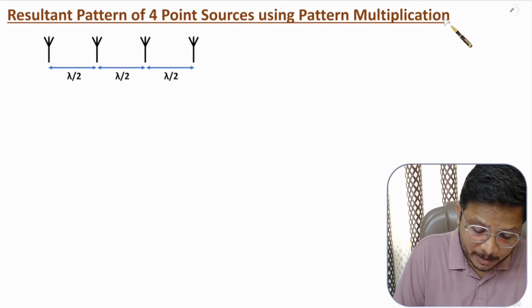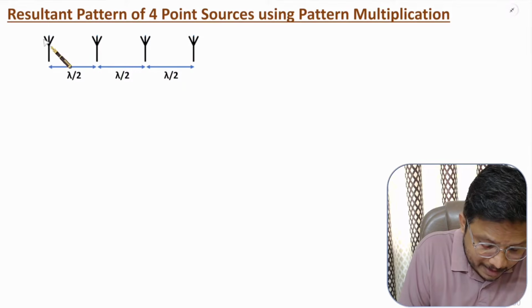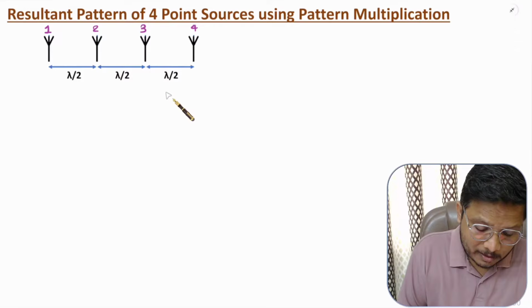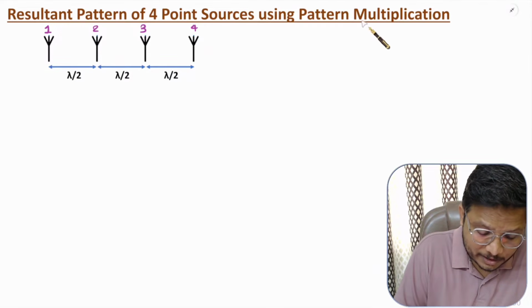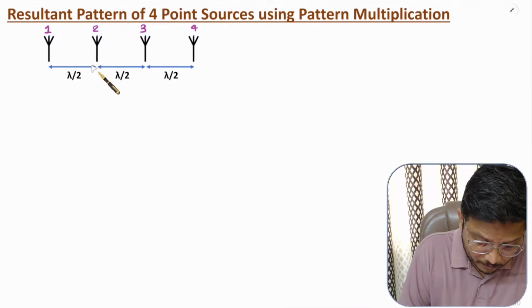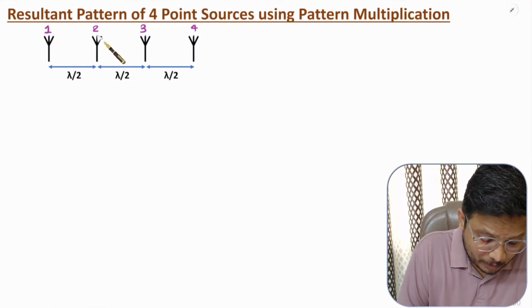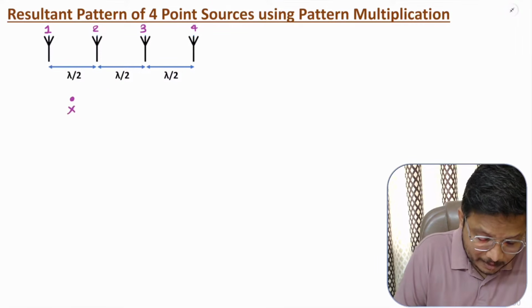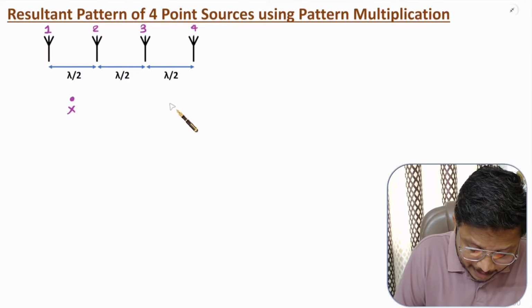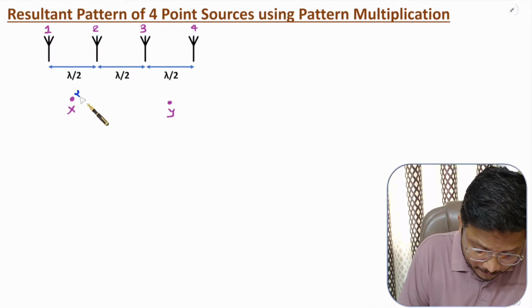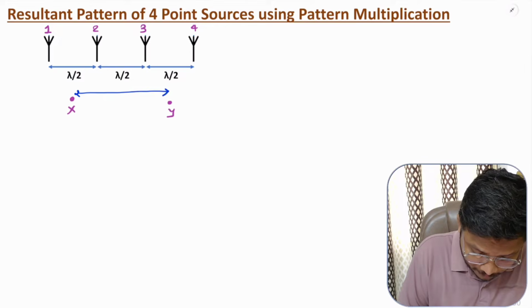So in pattern multiplication, first of all, we need to give numbering to these elements. So this is number 1, this is 2, this is 3, and this is 4. Now here in pattern multiplication, first of all, we need to form groups of 2 elements. So here 1 and 2 form element X, and 3 and 4 form element Y. Here the spacing between X and Y is lambda.